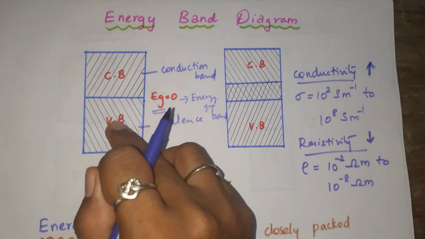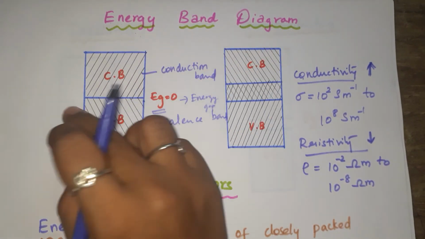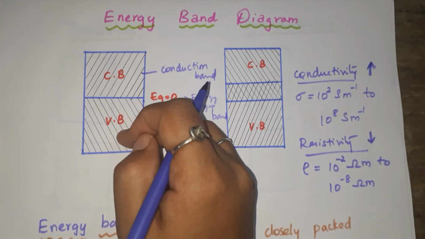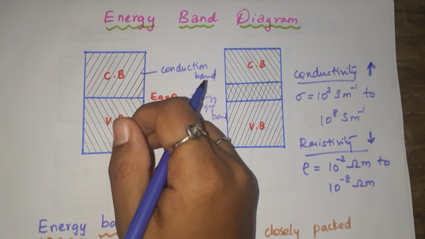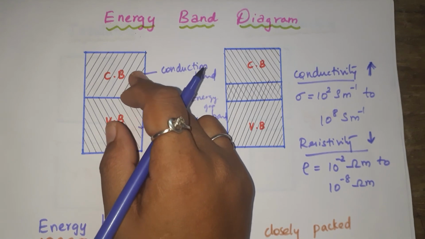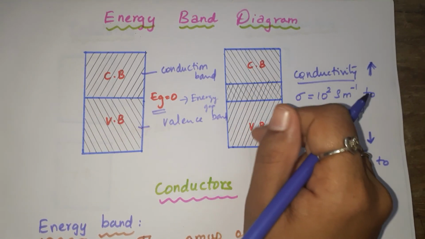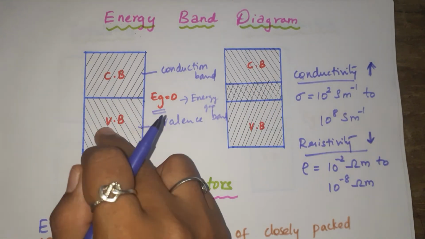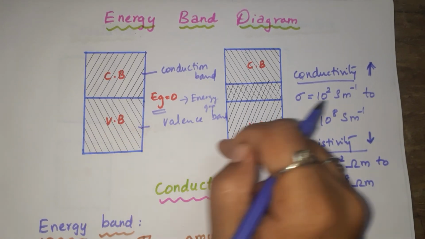The electrons can easily flow from the valence to the conduction band because there is no gap between them. There are a large number of electrons in the conduction band even at room temperature.